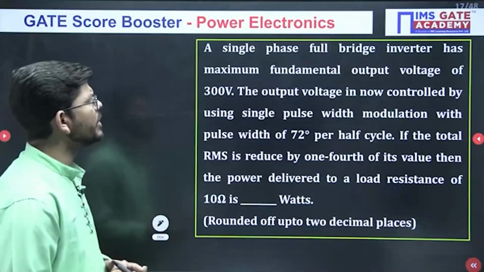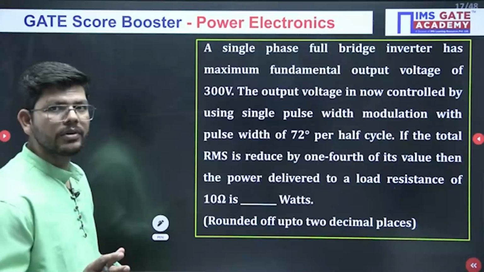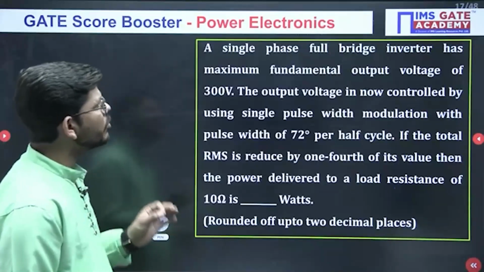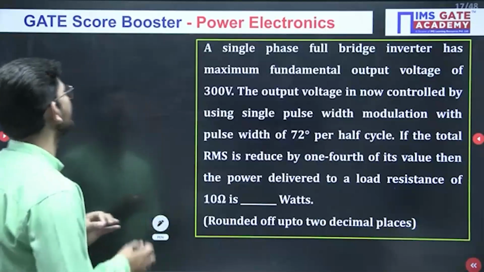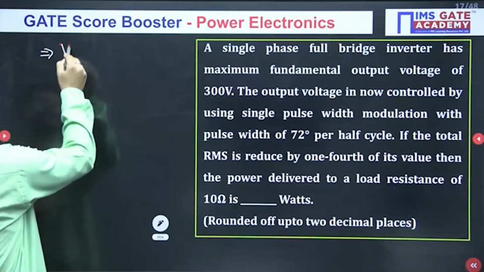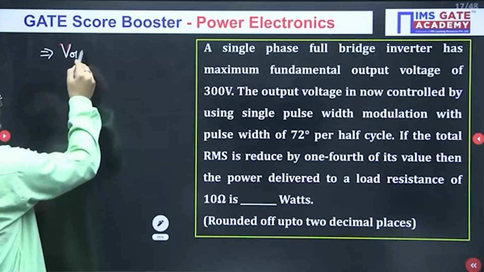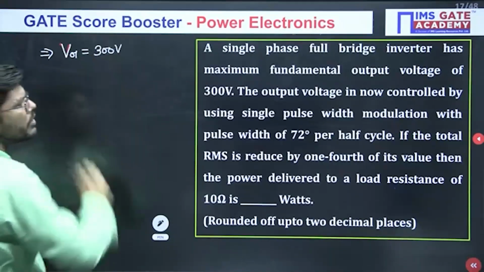A single phase full bridge inverter has a maximum fundamental output voltage of 300 volt. What has been given? A single phase full bridge inverter, with maximum fundamental output voltage equal to 300 volt.